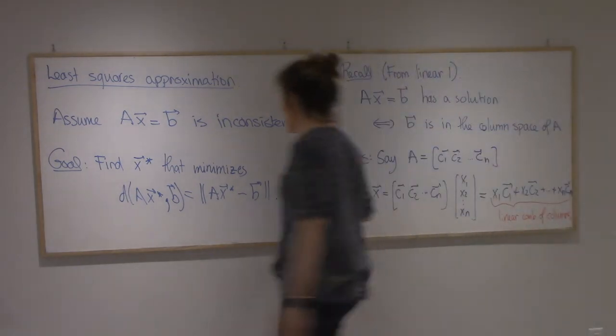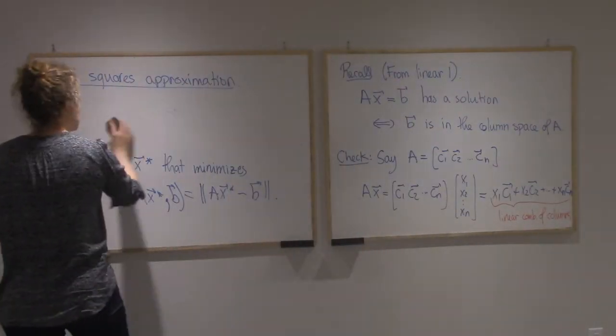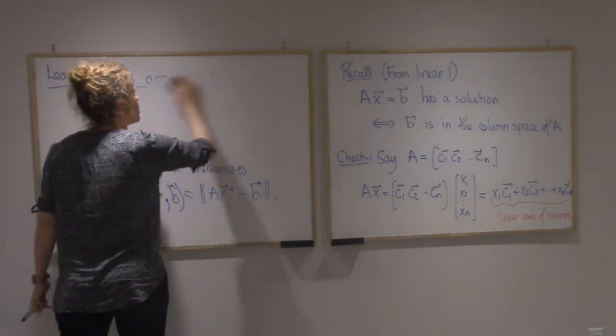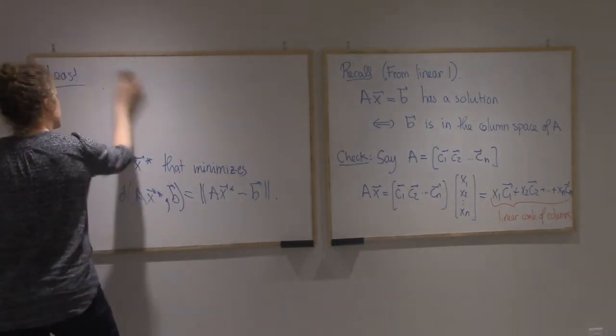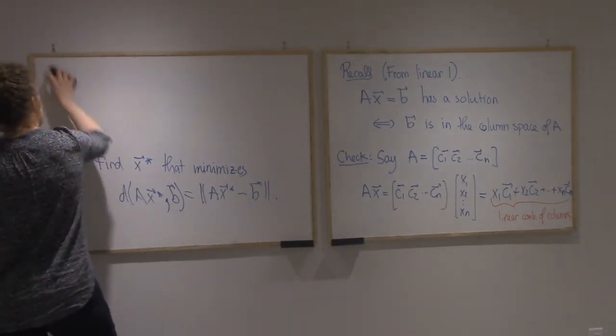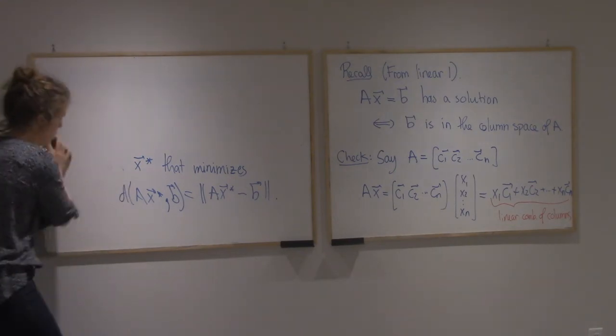And so Ax is always in the column space.